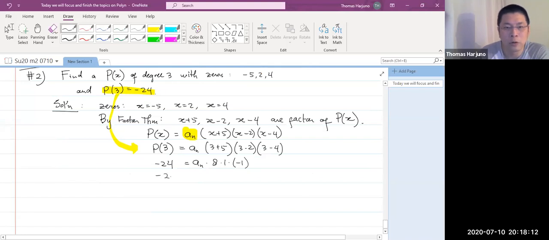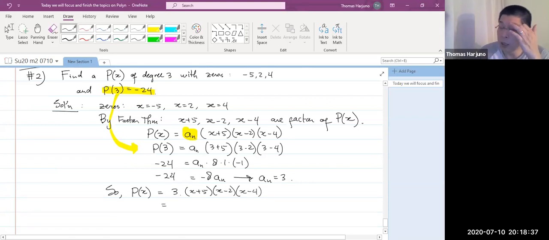So -24 equals -8a sub n, then the leading coefficient is 3. So P(x) in factored form is 3(x plus 5)(x minus 2)(x minus 4).